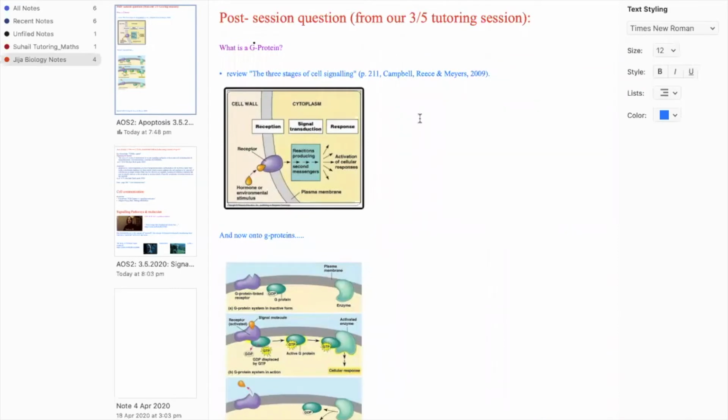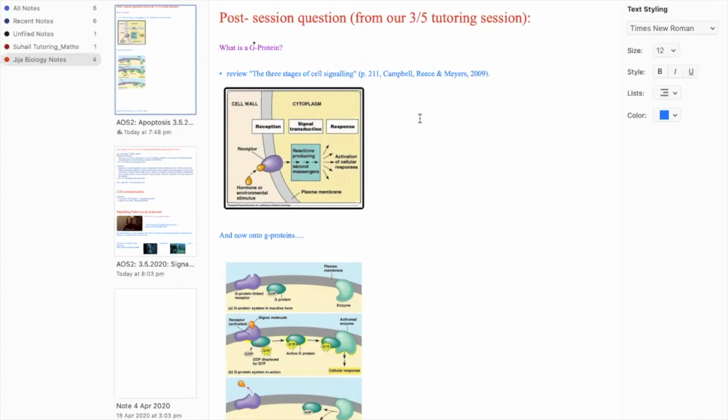Otherwise, we'll start. With a G protein, we first need to have a good grasp on what cell signaling is, and we did ascertain in our last class that there are three main stages of cell signaling.